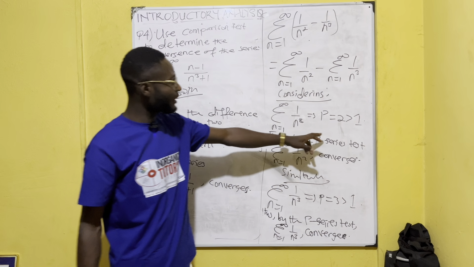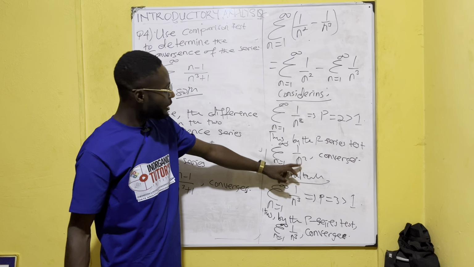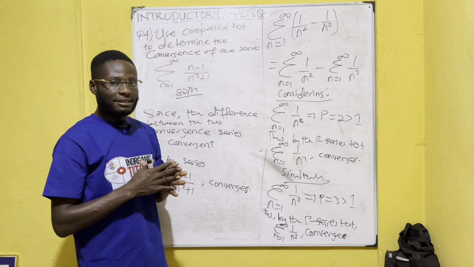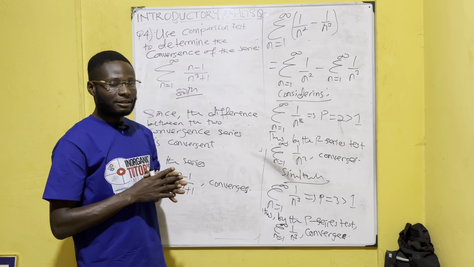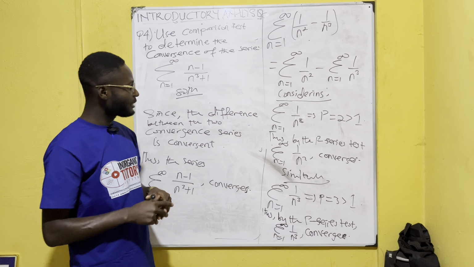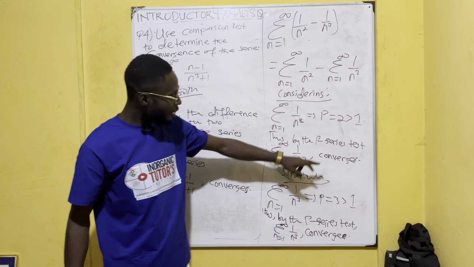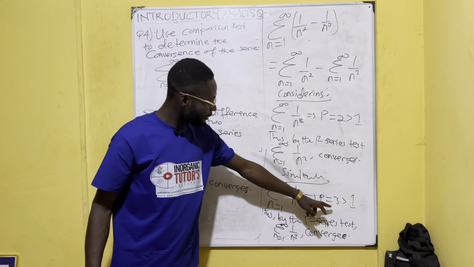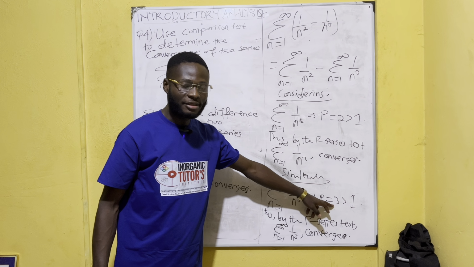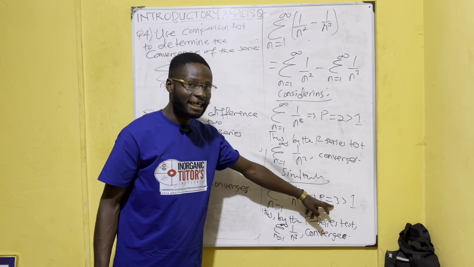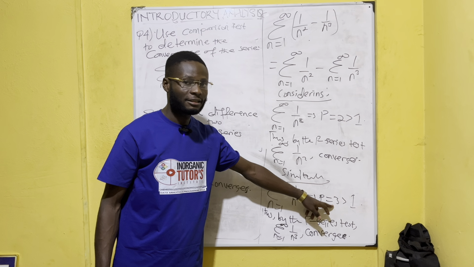Since the difference between the two series, this and this, converges, then it means that it has converged, or it is convergent, right? So you can see that 2 minus 3 is what? -1. And -1 is what? Less than 1. So it means that the series converges.